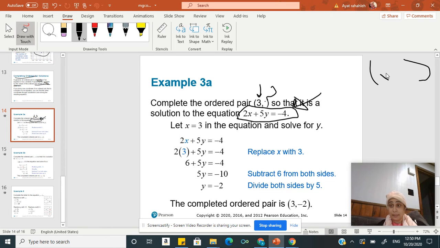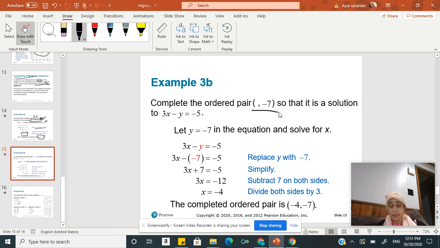Whatever I plug in for X in that equation would give us Y. So I simply replace the X with 3. It's 3 times 2, which is 6. 5Y plus 6 equals -4. We move the 6 over, and it gives us 5Y equals -10. So Y equals -2. The pair is (3, -2), because there was a clear relationship.